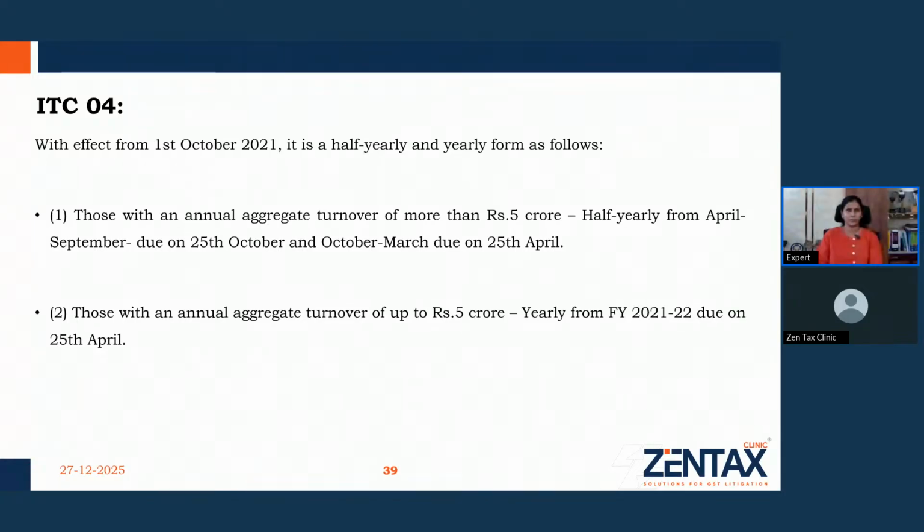For the period October to March, they need to file ITC-04 by 25th April. In case a person's annual aggregate turnover is only up to 5 crore, then they need to file only yearly forms. The due date for such yearly form is 25th April.